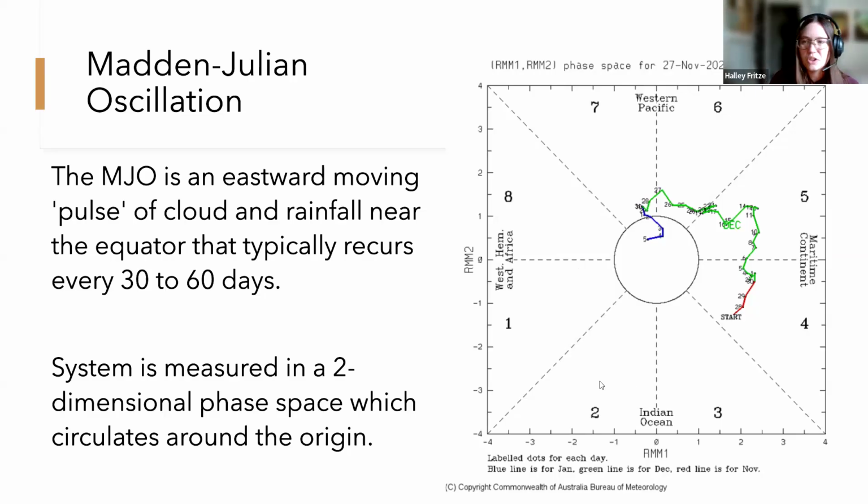The Indian Ocean is 2 and 3, and the Maritime Continent is 4 and 5. Maritime Continent meaning like Indonesia and Northern Australia. Had to learn that one. But pretty much what happens is over time, it does this anti-clockwise movement. And the colors here are just what month it is for the data set. So this updates every day on a website, which is really fun. So you can track it in real time.